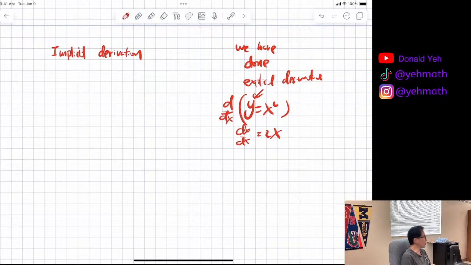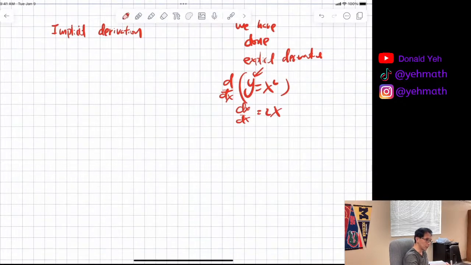Now, not all the time do we have y equal to something, right? We can have different situations. So let's start by understanding what kind of situation calls for implicit derivative. First, let's think about xy equals 1.